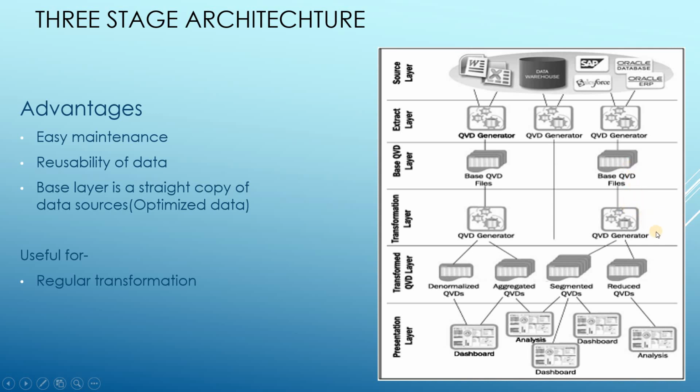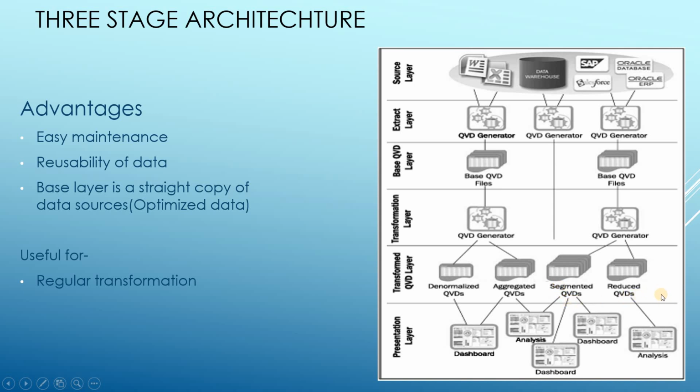Any transformation we do on a QVD is always faster than doing it on the direct source file. That is the reason we have segregated and created two more layers, a transformation layer and a transformation QVD layer, where in the transformation QVD layer you can see denormalized QVD, aggregated QVD, segmented QVD, and reduced QVD.